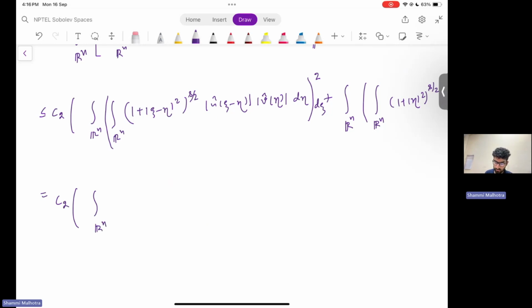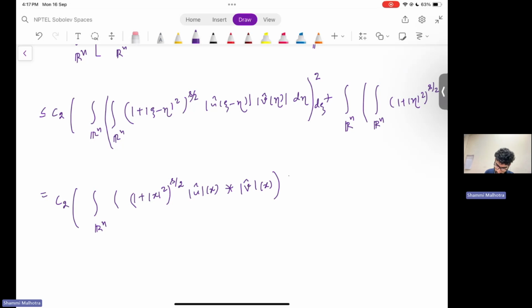And now if you observe, this is a convolution of 1 plus mod x squared, whole to the power s by 2, times mod u hat at x, convoluted with mod v hat at x.